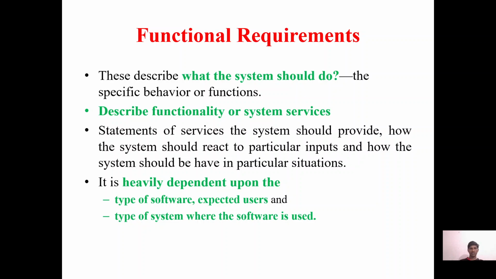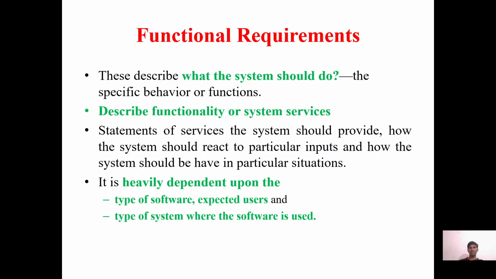First, here we are going to see about functional requirement. The functional requirement describes what the system must do or should do, that is the functionality or the system service. For example, we are developing a software for computing some values, let us say the RMS value.